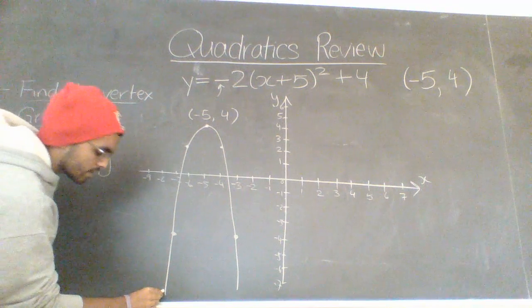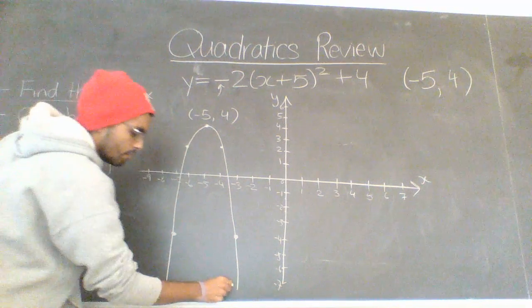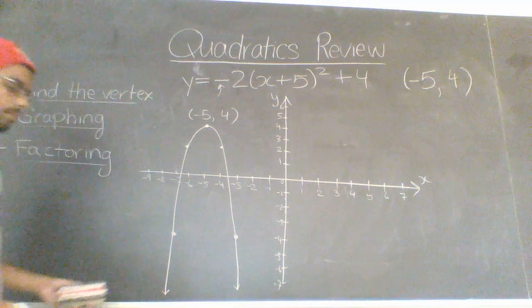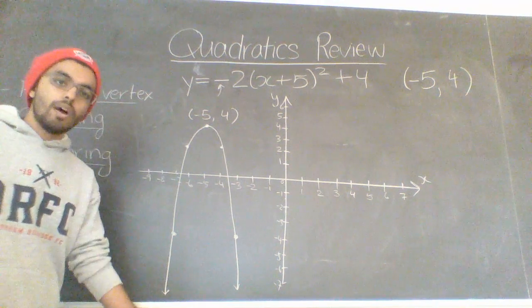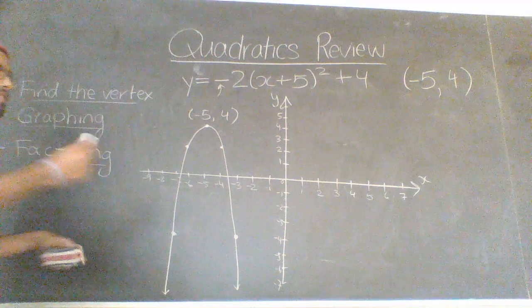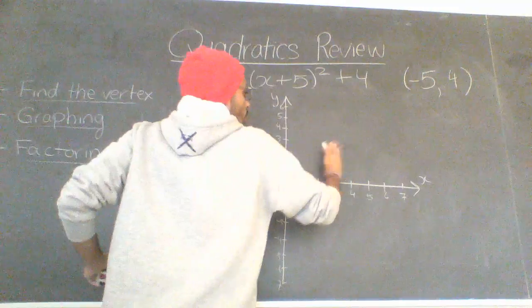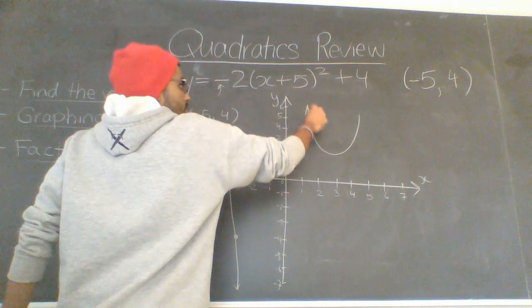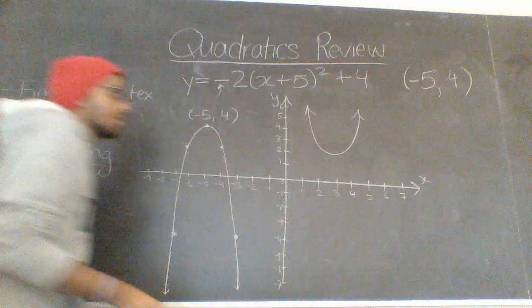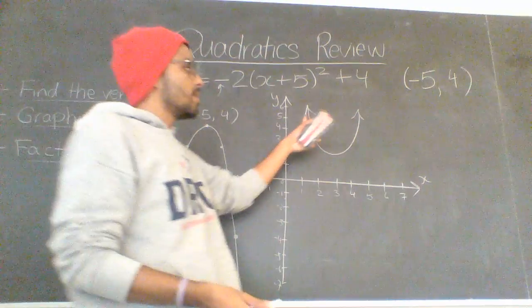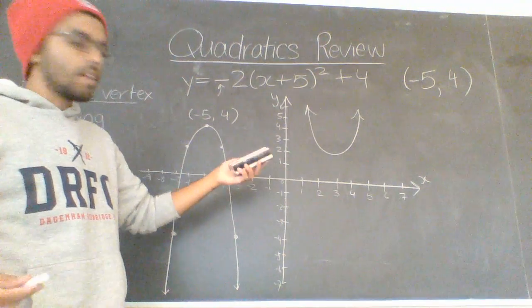And then if you want, I won't dock you marks for this, but I may give bonus marks for it. Put arrows at the end, because that tells me that you know that this is going to continue on to infinity in the negative direction. All right, and it's the same thing if you had a parabola that's opening up in the positive direction, then draw those arrows in so that you're communicating to me that the parabola doesn't stop here just because you stopped calculating here.